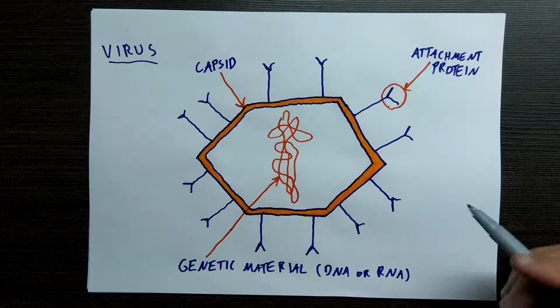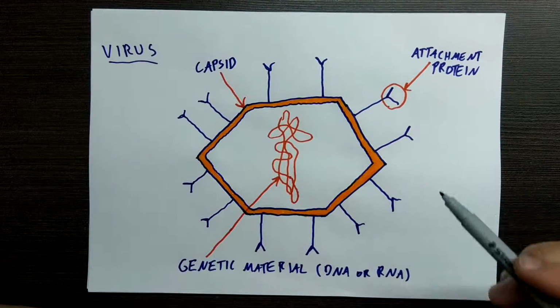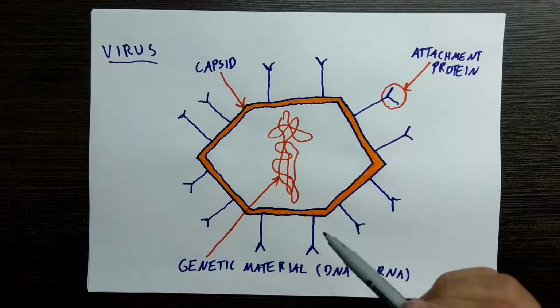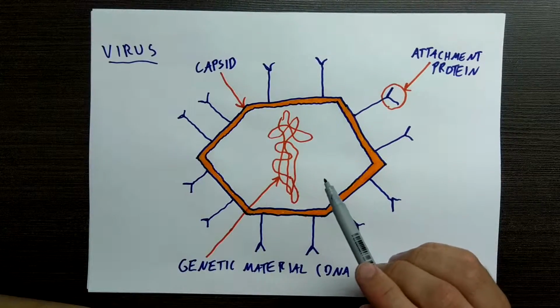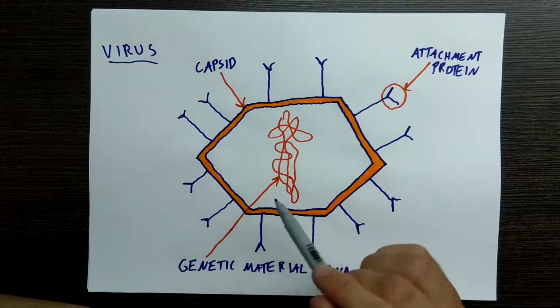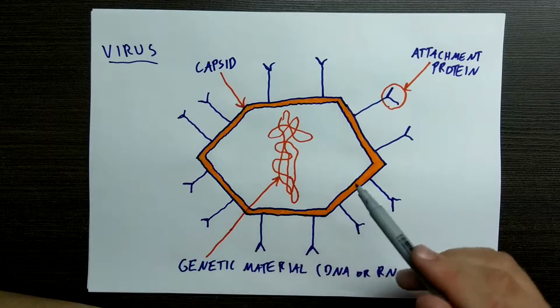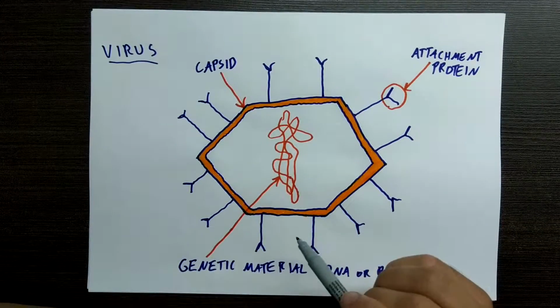Here we go. Okay, so that's our little virus. Viruses are small. Viruses are even smaller than bacteria. So they are very, very small. Many viruses actually fit inside bacteria.